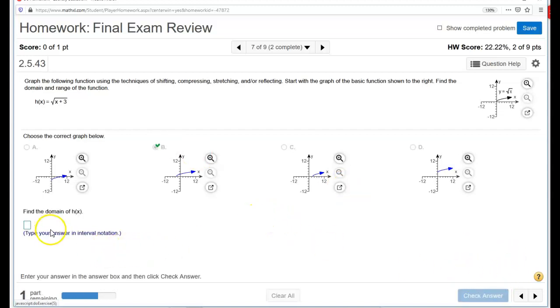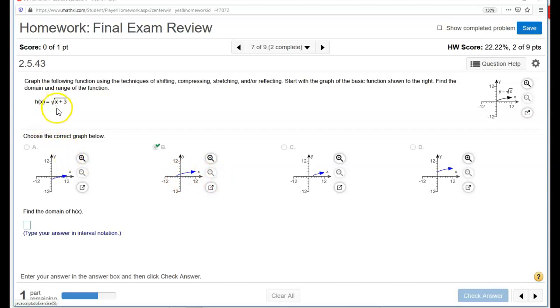The domain is what are all of the x values that will go into this. Now I'm going to use a little bit of visual reasoning as well as mathematical reasoning. My visual reading, since this is the graph, says I have x values at -3 all the way up to infinity.